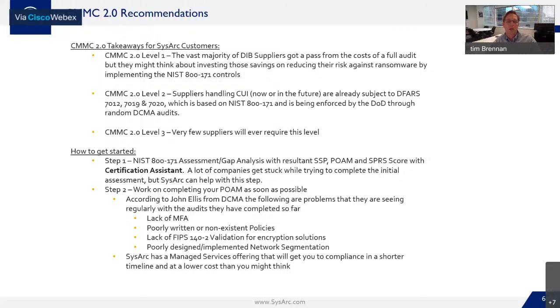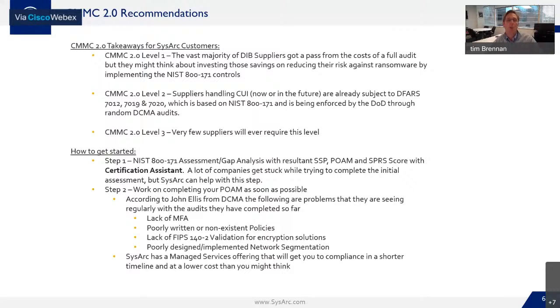So what we're telling our customers after explaining what 2.0 is, it's the same sort of concept: you need to keep on going, especially if you have CUI, down the DFARS 7012 route.